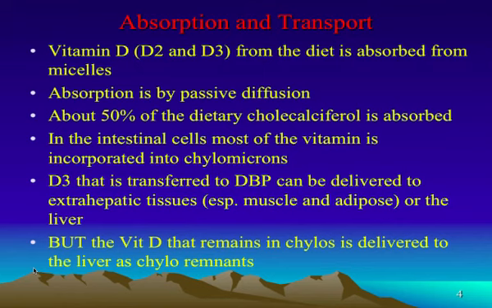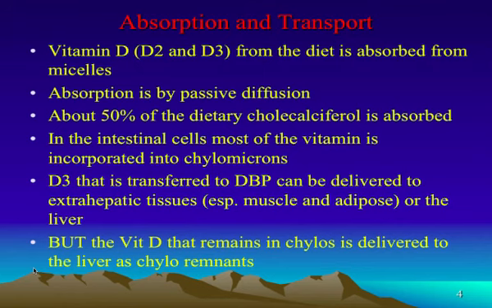Let's do one more slide, then we'll stop, because the next one gets a little bit sequential in detail. So here we go. Here's absorption and transport. Vitamin D2 and D3 from the diet is absorbed from micelles, right? It's fat soluble, goes into the gut, becomes part of mixed micelles, and then it's absorbed into enterocytes by passive diffusion. So it diffuses down its gradient into enterocytes.